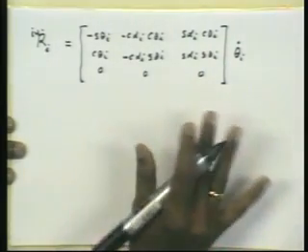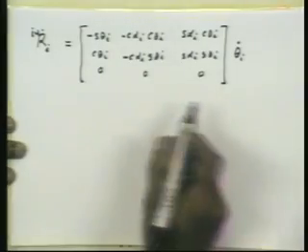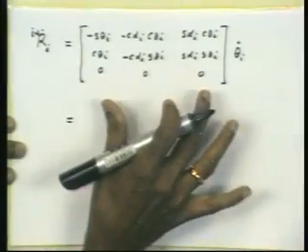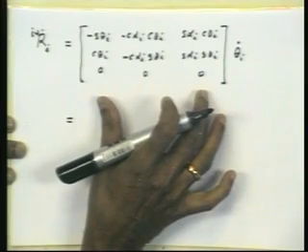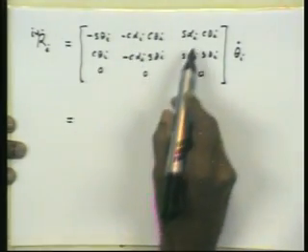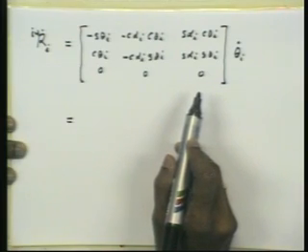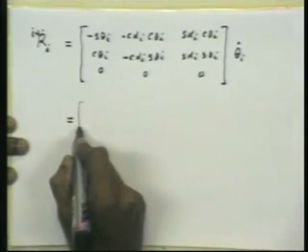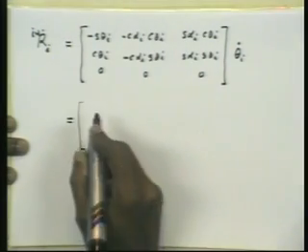So, now it turns out that this particular matrix that you have here, if you look at each of these columns, then they turn out to be of this form. Again, this is something you should verify.